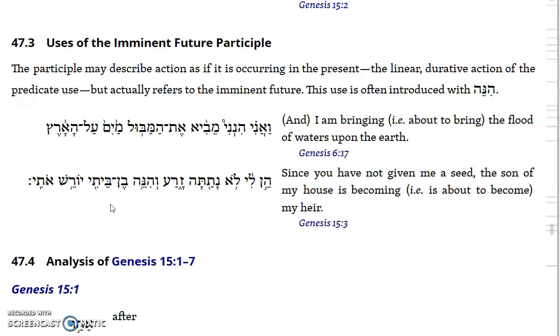Behold, the son of my household will at some future point inherit. And again, that's the imminent future use of the participle. So that's an introduction to the grammar of Genesis 15, and we'll see you later.